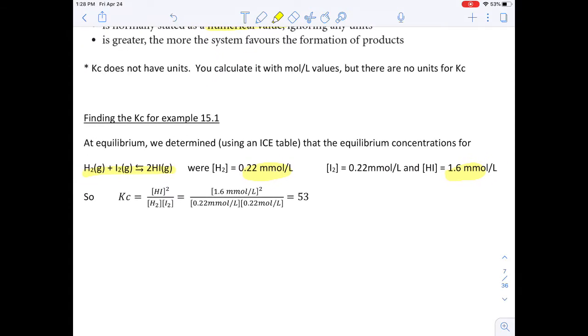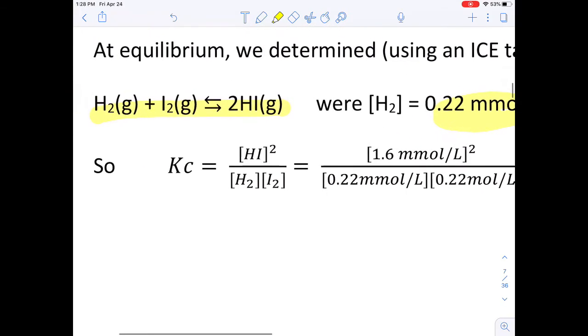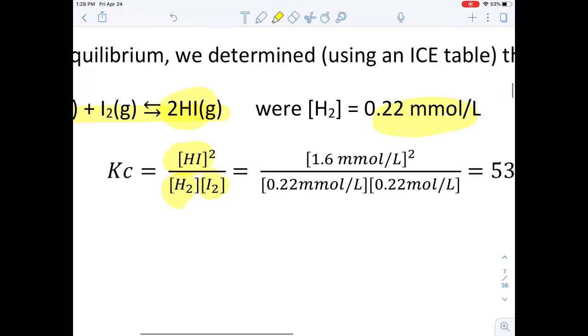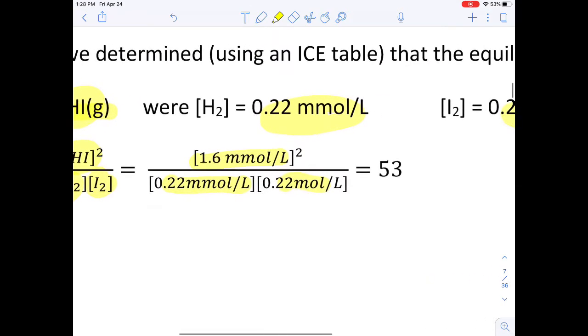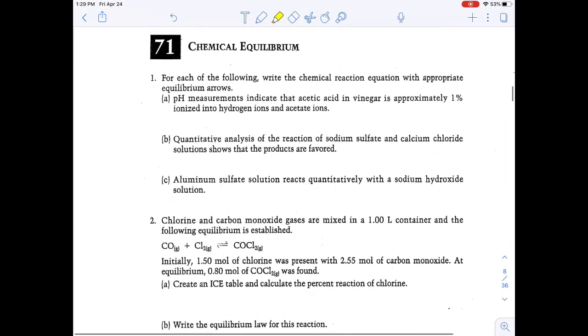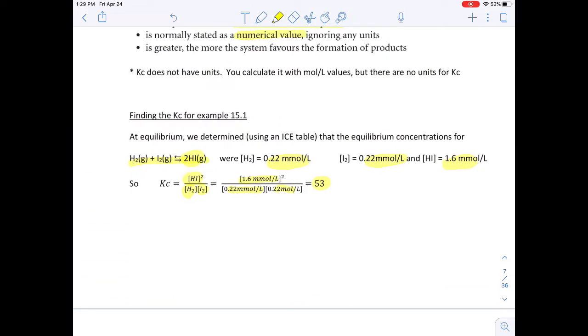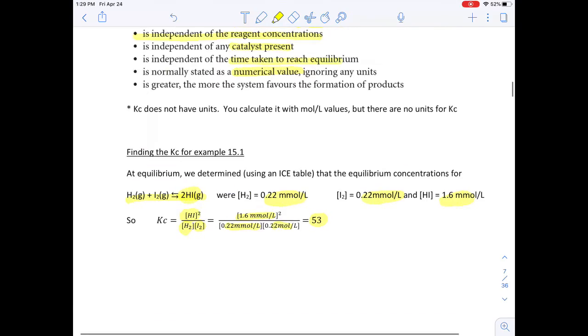If I've got the equilibrium concentration of both hydrogen and iodine, as well as hydrogen iodide, then my equation, because I have two hydrogen iodides, has HI squared divided by the concentration of hydrogen and iodine. So I substitute those numbers in, and I come out with the equilibrium constant of 53. Equilibrium constant calculations always require the equilibrium value, and we can get that number from an ICE table.